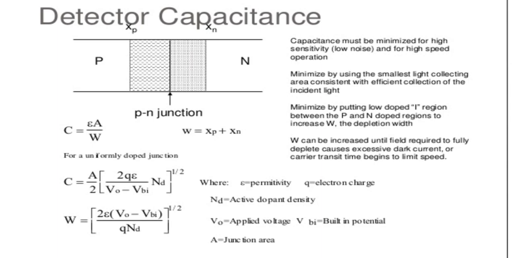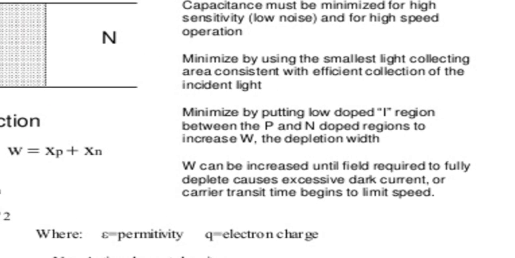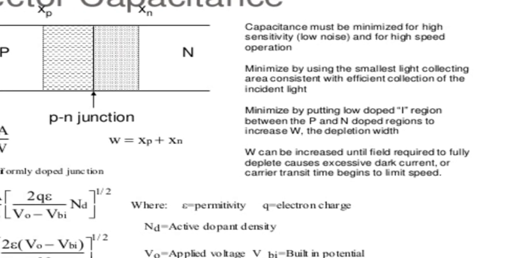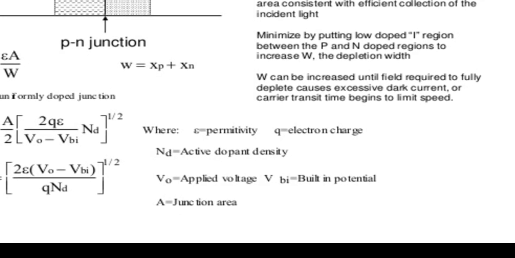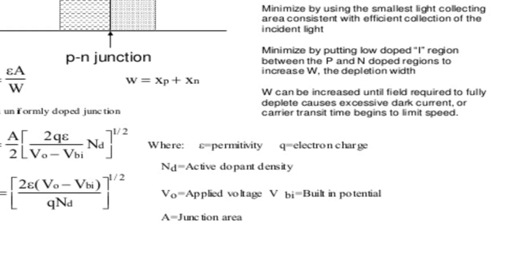It is minimized by using the smallest light collecting area consistent with efficient collection of the incident light, and by putting a low doped I region between the P and N regions to increase the depletion width W. W can be increased until the field required to fully deplete causes excessive dark current.